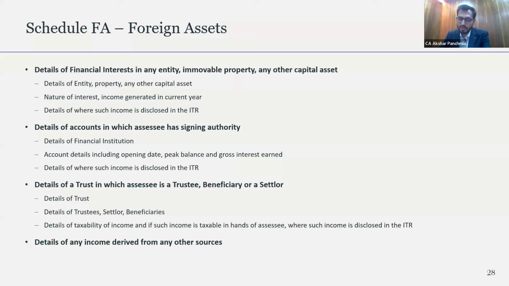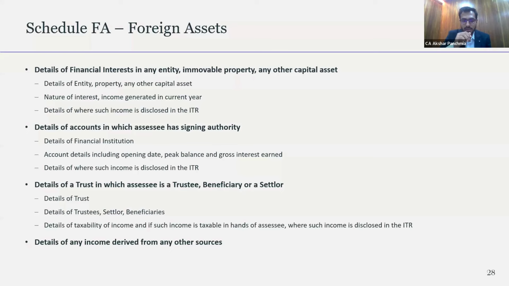If you are the beneficiary, you have to provide details of all the trustees, settlors, and other beneficiaries. So, in a sense, income tax is taking all the details of the foreign trust from each and every Indian person who is required to file this Schedule FA.